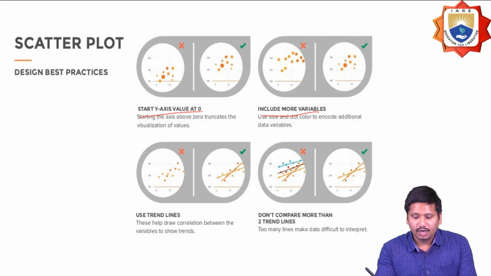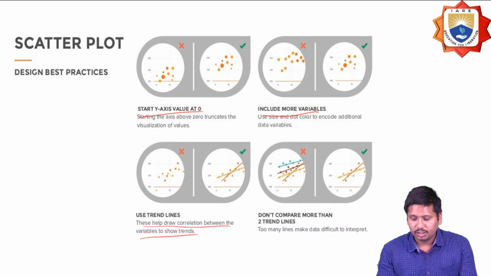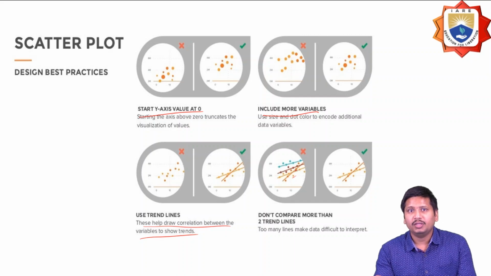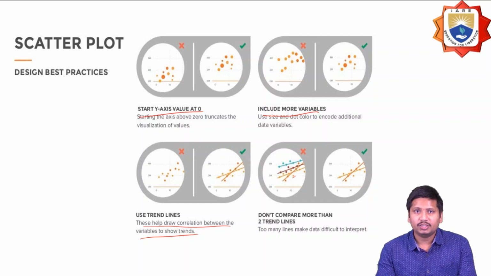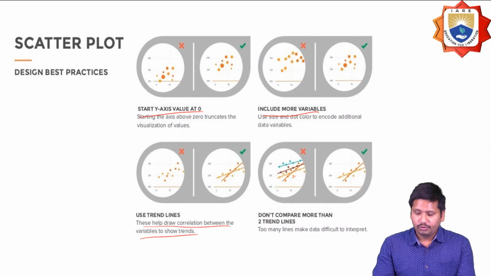Use trend lines, which can show the relationship among the trends of the data, but don't compare more than two trend lines, because more would be difficult to understand. So if I want to compare trend lines, it should be two only.